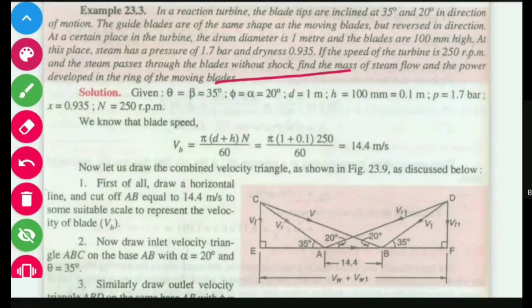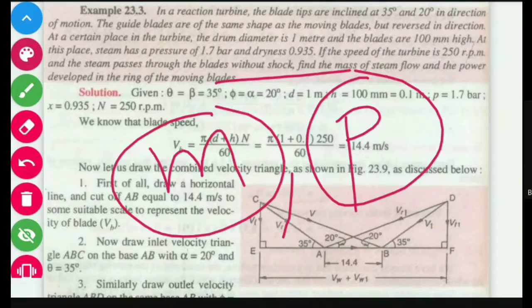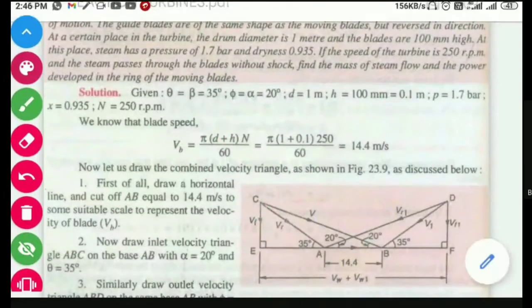Find the mass of steam flow, and find the power developed in the ring of moving blades. These two you have to find out. This is also given for 10 marks. Let us see the problem.